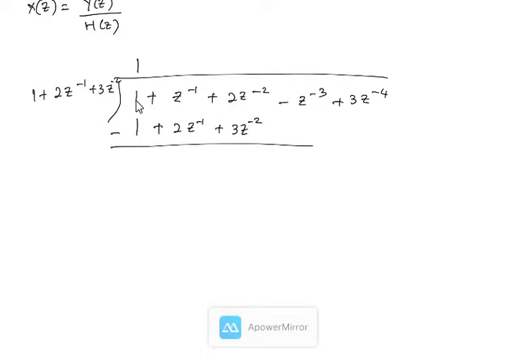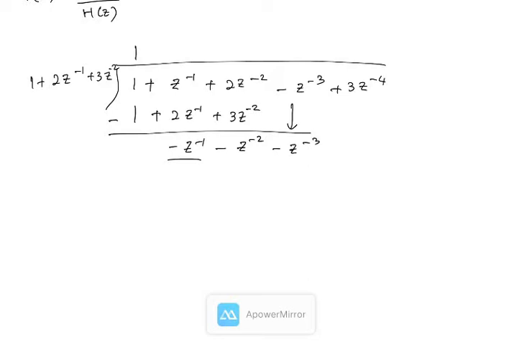So we subtract: 1 minus 1, we left nothing, 0. 1z^(-1) minus 2z^(-1), you get minus 1z^(-1). 2 minus 3, you get minus 1. Then we bring down this value, so you have minus z^(-1) minus 3. How to get minus z^(-1)?